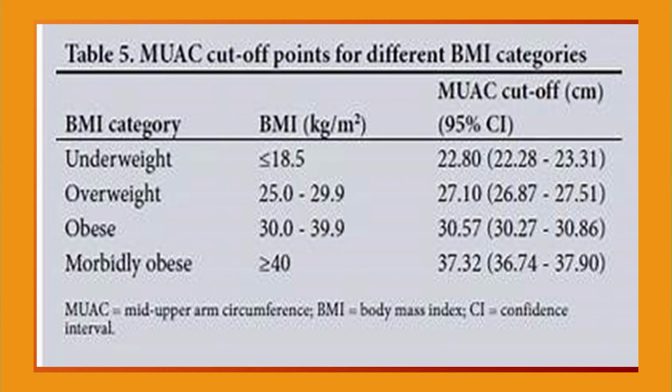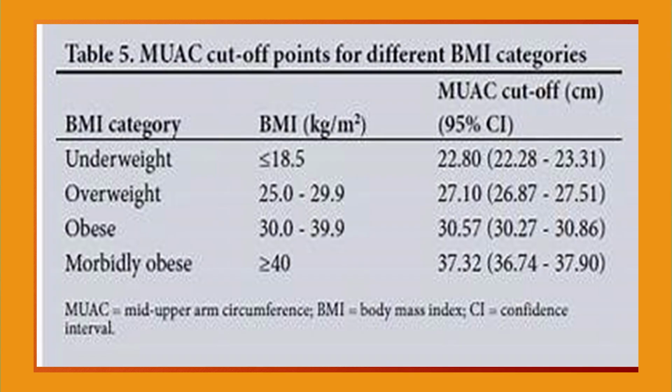You take the BMI category as underweight, overweight, obese and morbidly obese, and then see the BMI for calling any child underweight, overweight, obese or morbidly obese, and then you can compare that BMI with the MUAC cutoff. So, I can categorize under four: one is underweight, second is overweight, third is obese and fourth is morbidly obese.